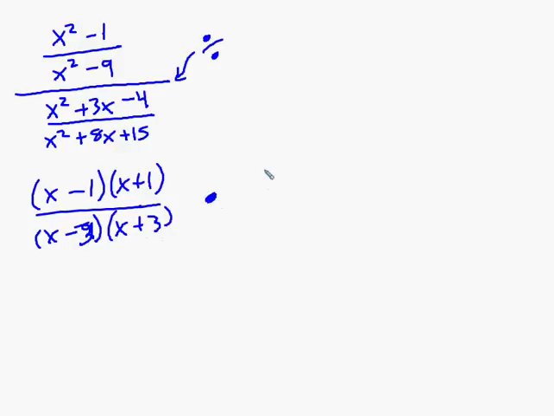Now I'm going to keep flip change. So this is going to flip around, right? This one flips. So this x squared plus 8x plus 15, when I factor that, that's going to end up in my numerator.